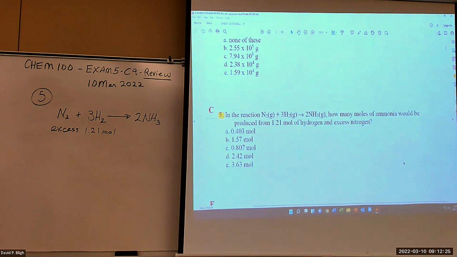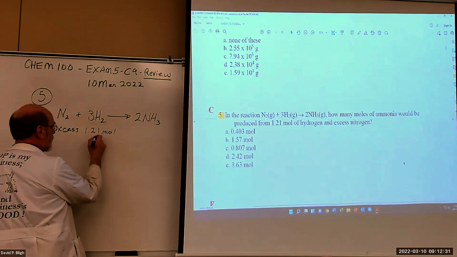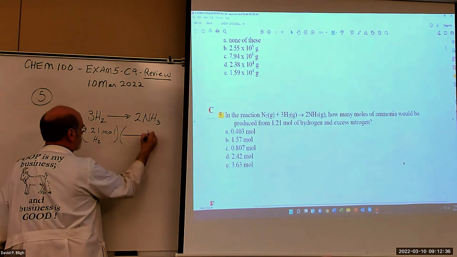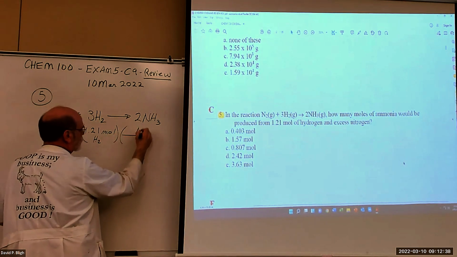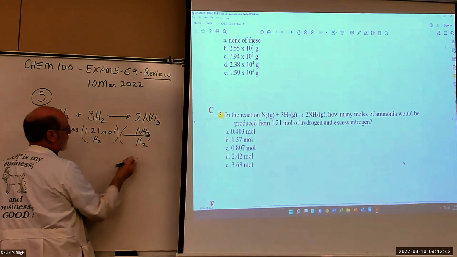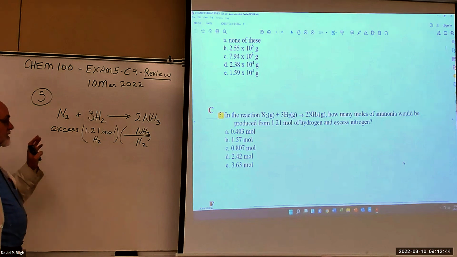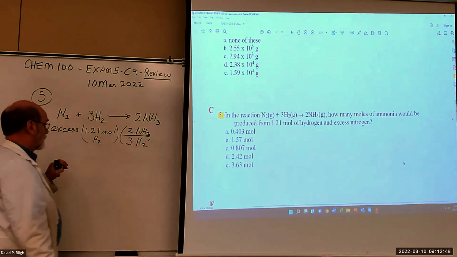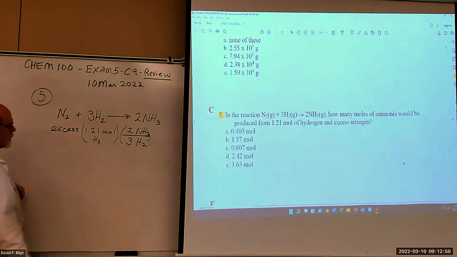How many moles of ammonia will be produced? That's pretty straightforward, I think. We're just converting this much hydrogen into ammonia. So if we're going to have ammonia as our answer in the numerator, hydrogen in the denominator, all we need is the coefficients, 3 and 2. So what's 2/3 of 1.21?